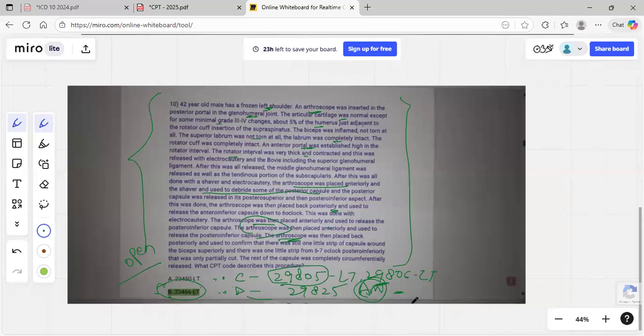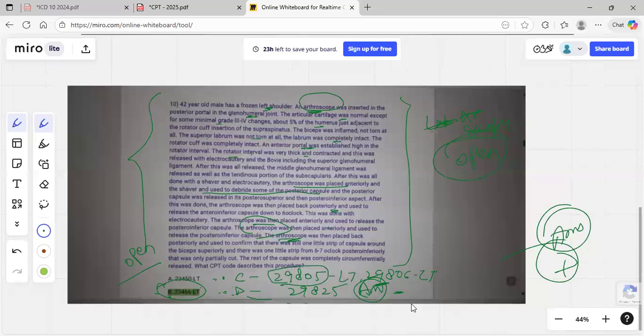If in any situation the doctor started with the laparoscopic procedure, or not laparoscope, with a scopy procedure, but at the end converts that procedure to the open approach, then we are going to bill the open only. Then we are not going to bill the arthroscopy or laparoscopy approach. But here the complete procedure was done with the help of the arthroscope only. So we are going to bill only option D. So the correct answer should be D.